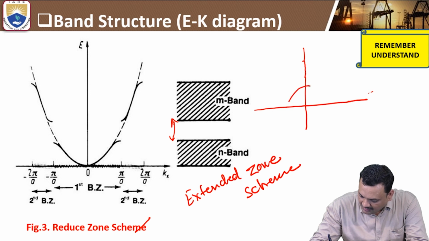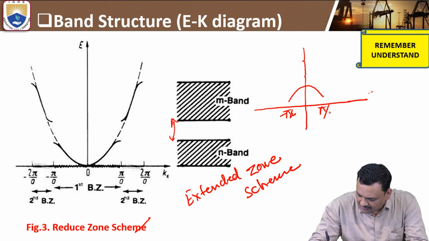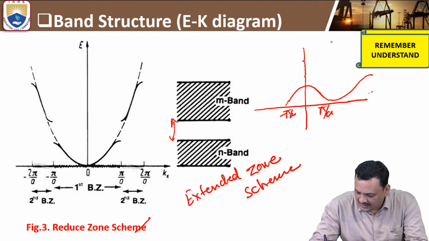Means in the minus pi by a to pi by a region, if your plot is like that, and the next one is like that. So for the next band values, you have to plot this curve.